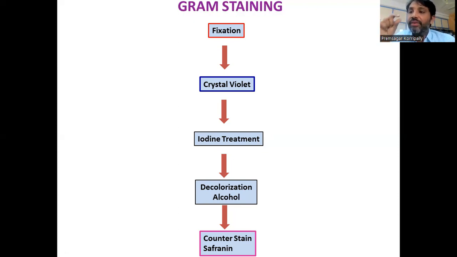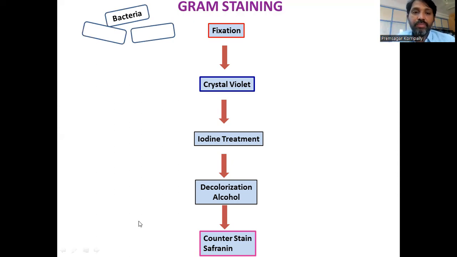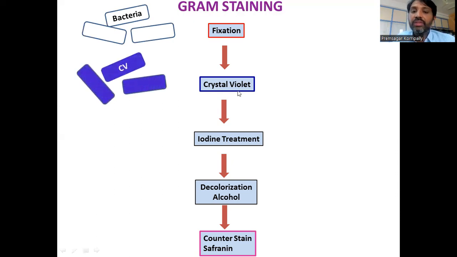If you take a refrigerated culture, gram positive can look gram negative, and gram negative may look gram positive. That is why an overnight culture is the ideal sample for the gram staining procedure. Whenever you take a sample of bacteria, you smear it on the glass slide and fix it with the flame. That is fixation.